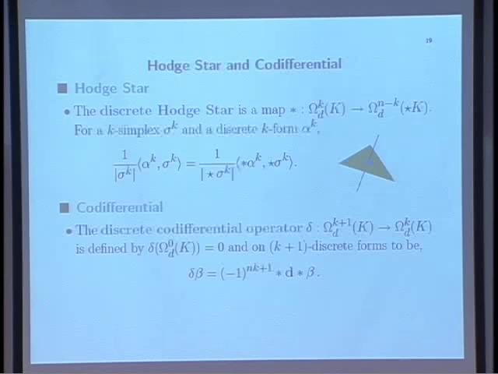This star here is a geometric dual, the thing I showed you earlier, and this star here is the Hodge star, which is an action on cochains. It's defined by this relationship here, saying that in some sense the average value of the evaluations are equal, and then the codifferential is defined in the usual way.